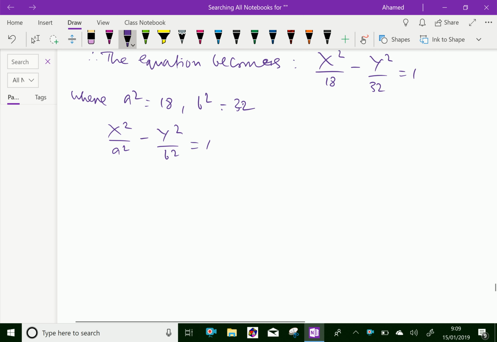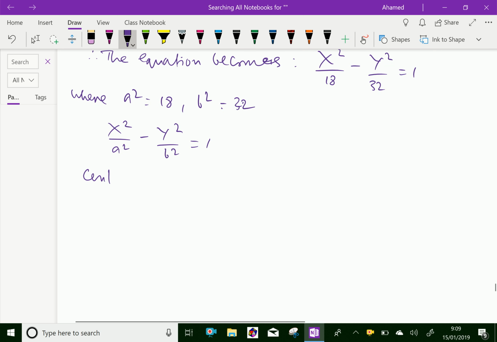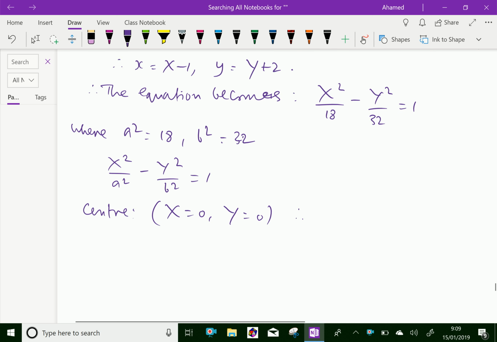Now we'll do one by one. Center is X equal to 0, Y equal to 0. Therefore here capital X is 0, that means the center is minus 1 and 2.